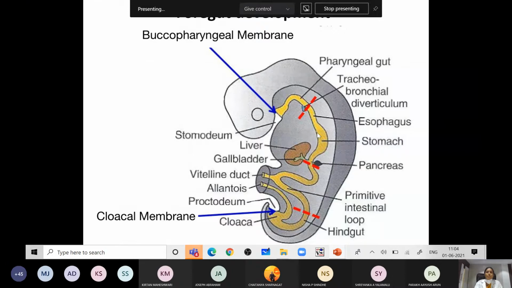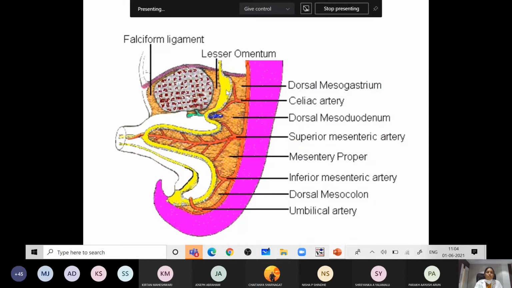Now we'll move on to development of, first, before I begin all the developments, let us see what are the mesenteries which are formed and how the GIT is suspended. So here we can see this is all the foregut, and here you have the midgut and here the hindgut. We can see the mesenteries which are suspending these coils of intestine.